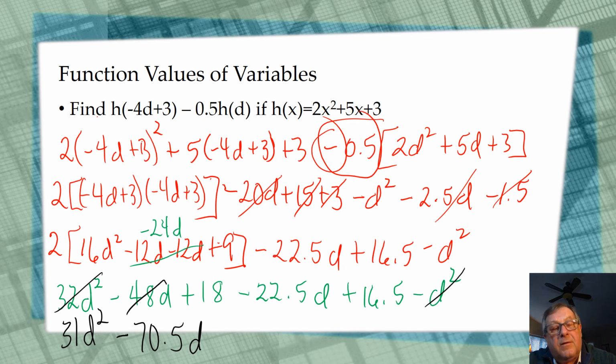So that takes care of that and takes care of that. And then I've got 18 plus 16.5, which is going to give me positive 34.5. You got to really be organized. You got to be patient, be methodical, work through your steps, order of operations, keep yourself organized, and you can do it.